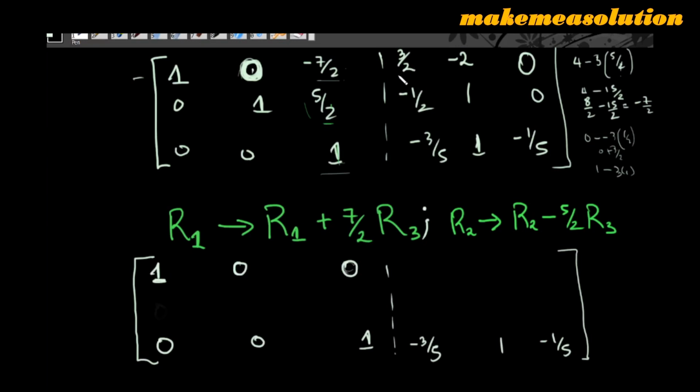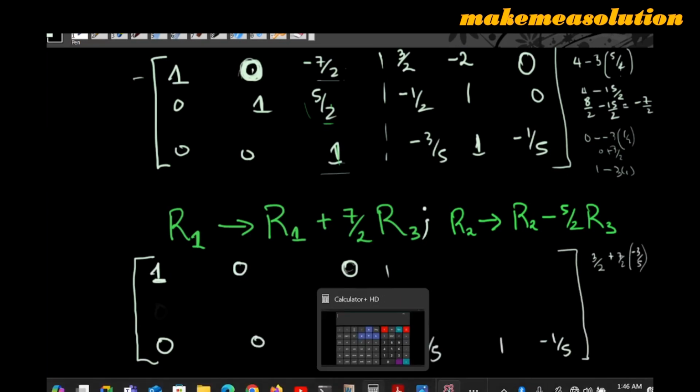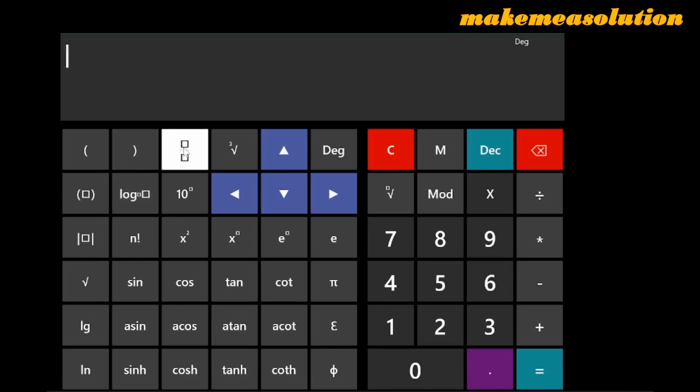Okay, so we'll go to this element over here. We now have something like a 3 over 2, then 3 over 2 plus 7 over 2 into minus 3 over 5. So we have to be careful. If you have your calculator, you could just easily run that one. So let me just use my calculator and save myself stress.